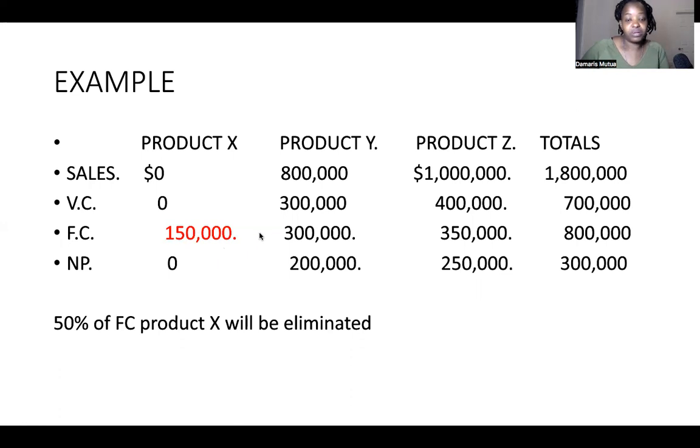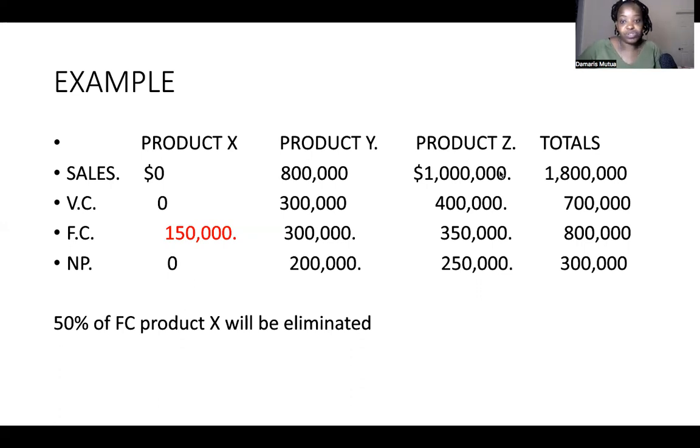So by eliminating product X, we assume first the sales and the fixed cost of product Y and Z are gonna remain the same. So that is the first assumption. But we need to evaluate and take into consideration more factors for the evaluation process.